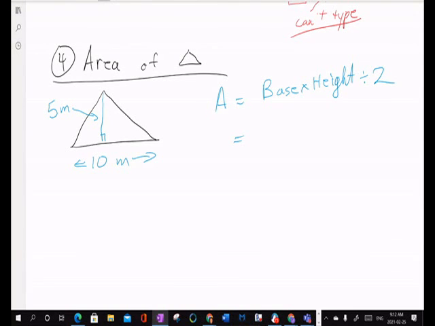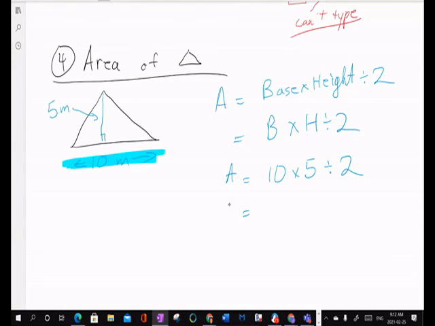So you look for the base, the bottom part of the triangle. We'll call it B times H, and then we divide by 2. And all we do is we look at our triangle's base, and in this case, it's this part, our 10. So now we have 10 times 5 divided by 2.